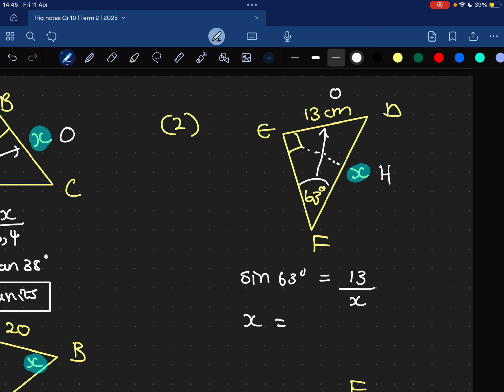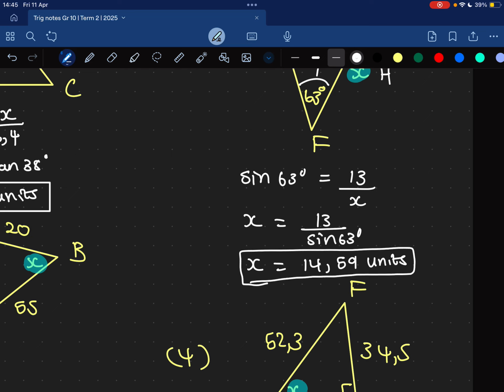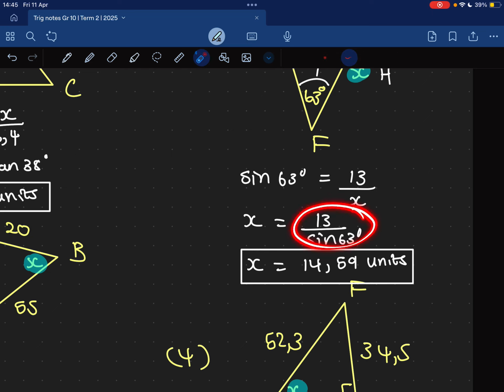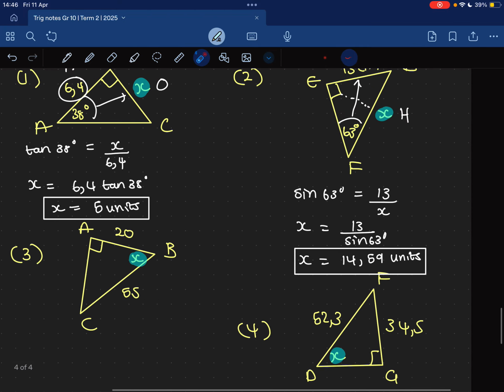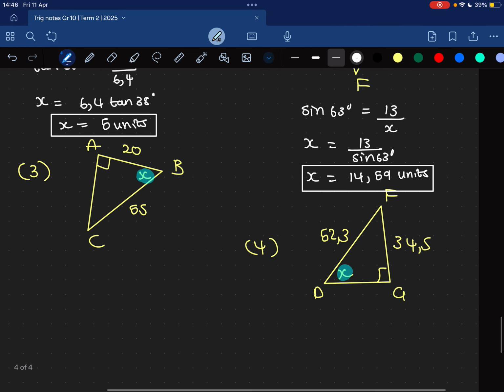So then x is equal to 13 divided by sine of 63. Okay, please make sure, this is exactly the same as examples that we've been doing, so make sure that you are able to do the algebra. Remember we've done equations. That chapter's been covered, it's been done. So you can't now forget the algebra when we're busy here.